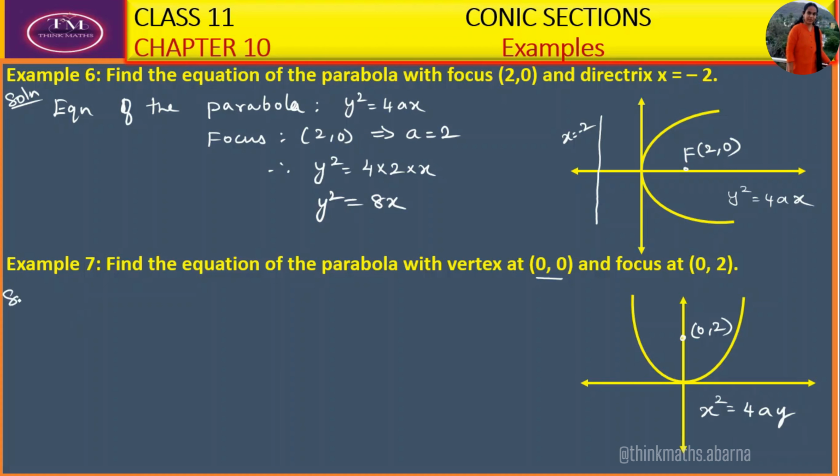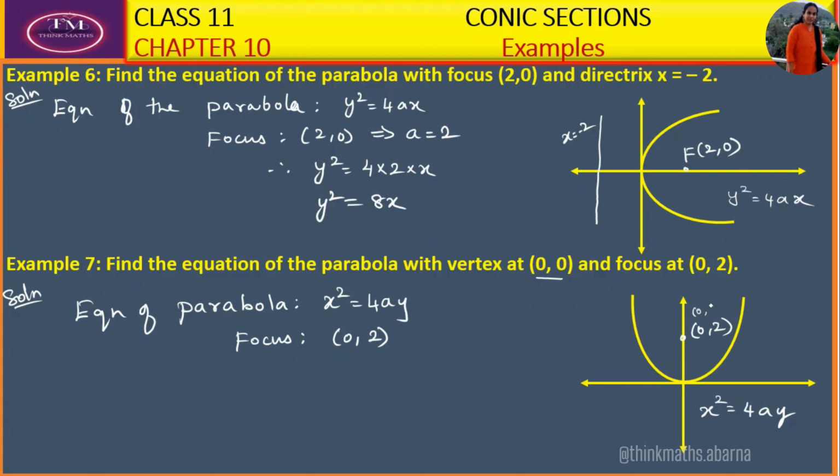Okay. Now, in the same way, equation of parabola is x square equal to 4ay. So what is the focus given? Focus is given as 0 comma 2. Generally the focus is 0 comma a. So a will be equal to 2.